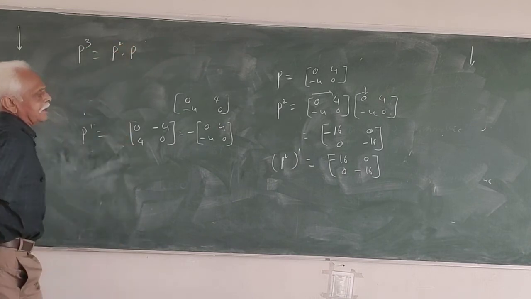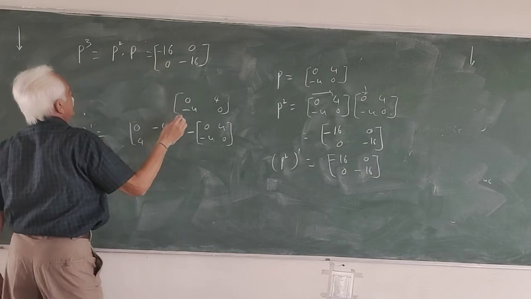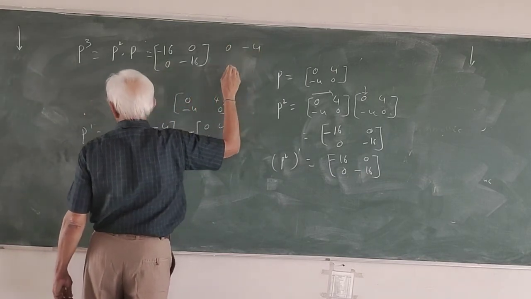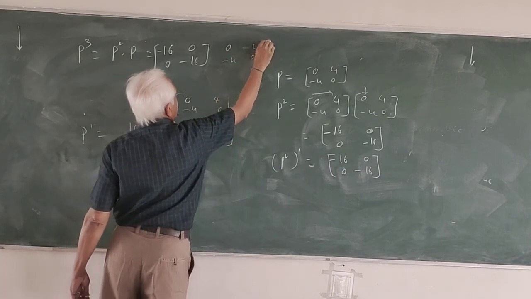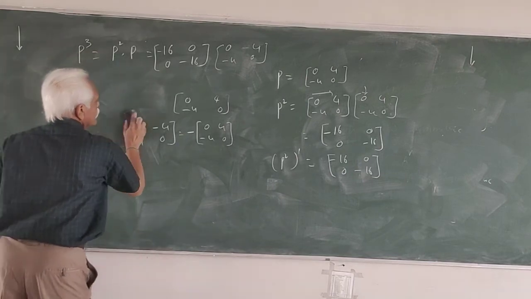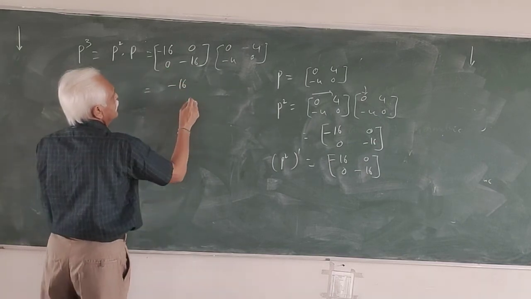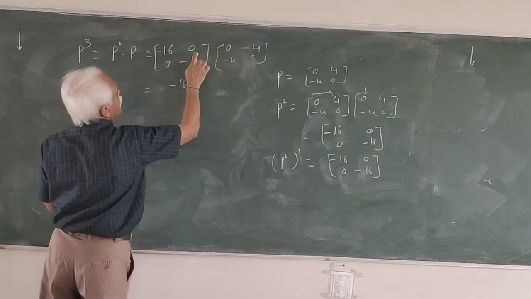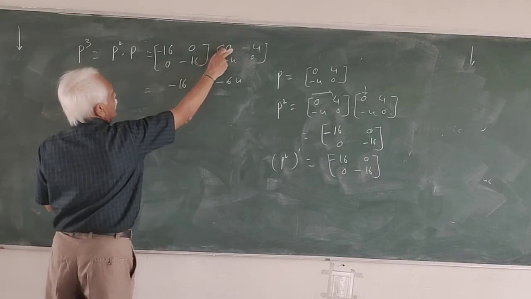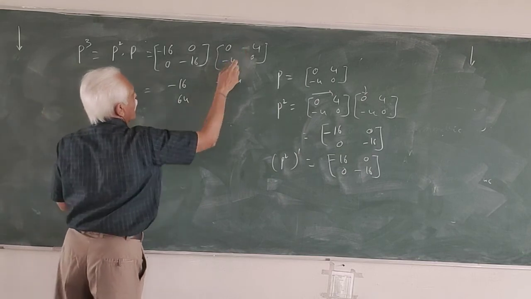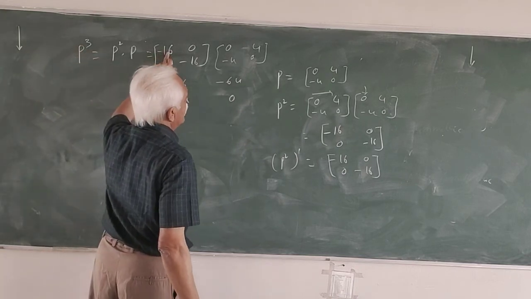P square into P. P square matrix is minus 16, 0, 0, minus 16, into P, which is 0, 4, minus 4, 0.